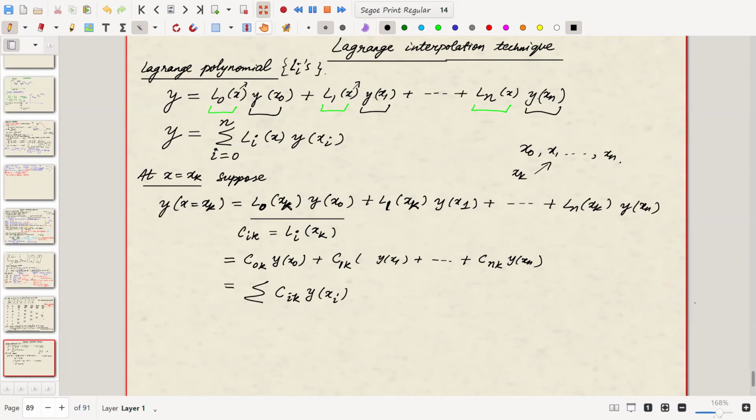And i is going from 0 to n. So you know how the pattern is moving across this summation series.